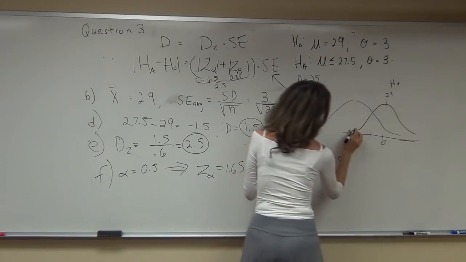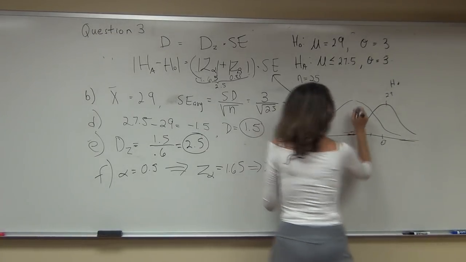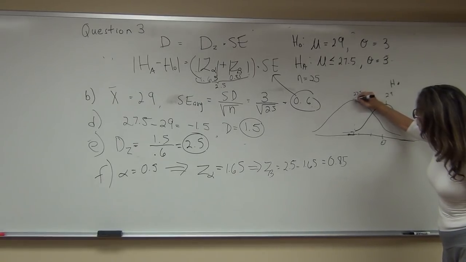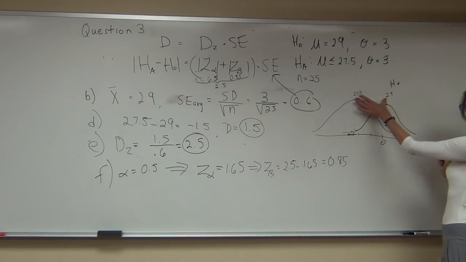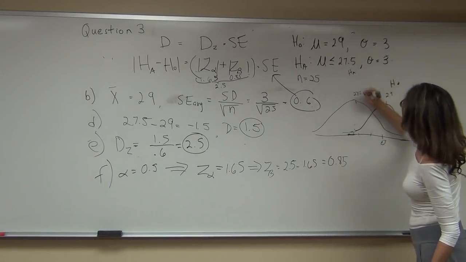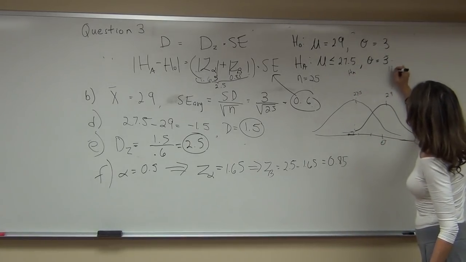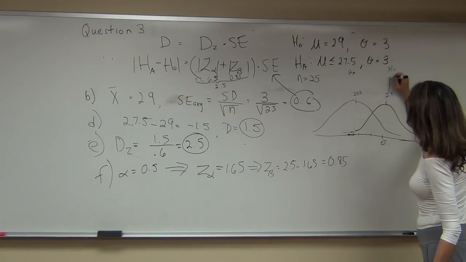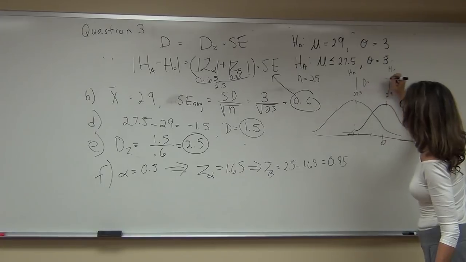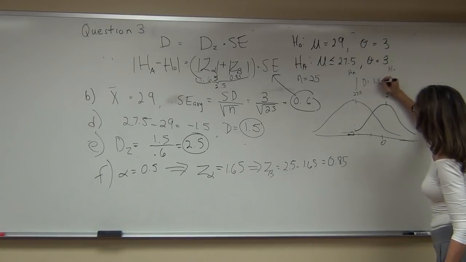All right. And this one is 27.5, 27.5 as a distance. That's our alternative, and so that's H naught. And this distance here is what we've been calling just D, our effect size of 1.5.